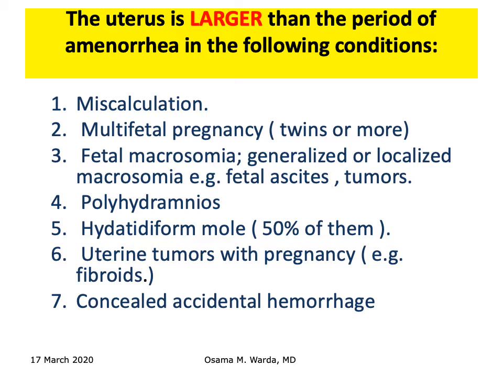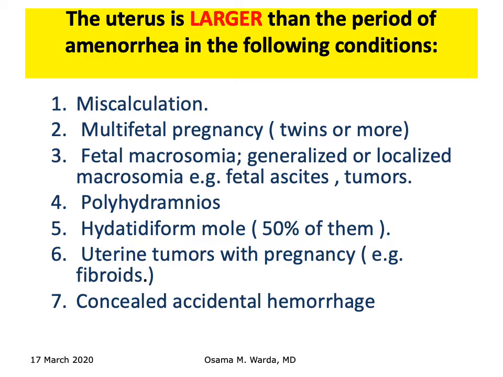These underlying causes or differential diagnosis include miscalculation, multifetal gestation, fetal macrosomia, whether generalized or localized, such as fetus of diabetic mother, generalized macrosomia, a fetus with a grand multipara, a fetus with a large-sized mother, or other local fetal macrosomias such as fetal ascites, hydrocephalus, fetal abdominal or back tumors, and so on.